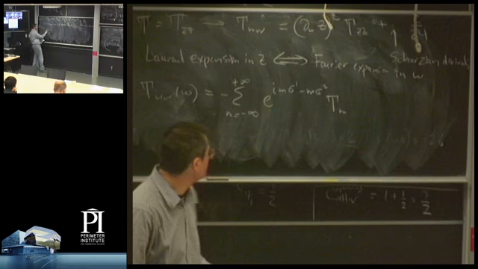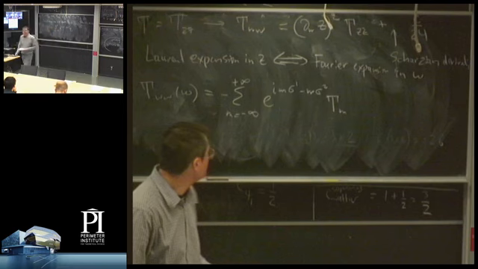So the stress energy tensor in the omega frame will depend on the omega variable, and it will be given by the Fourier expansion. So I have e to the i m (sigma 1 minus sigma 2), and then here I have coefficients T sub m.